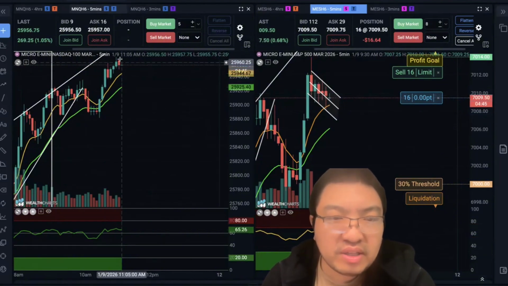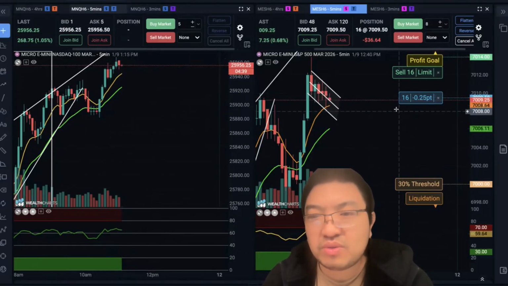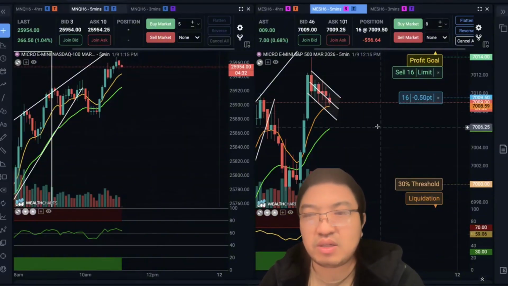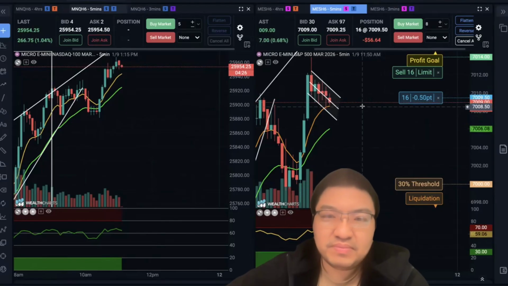Afterwards, for NQ, this does not close underneath. This is not engulfing, so uptrend continues. So I'm gonna hold my trade here. Uptrend continues. Oh, what's going on? See if the EMA line is defending, keeps defending.